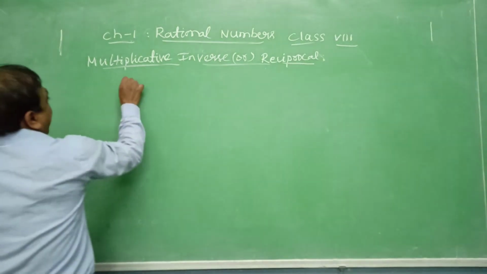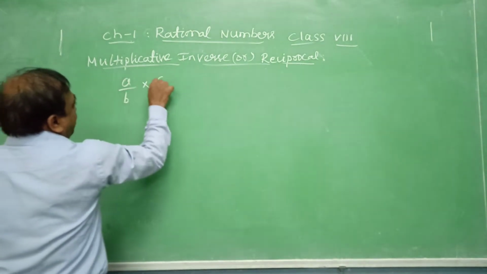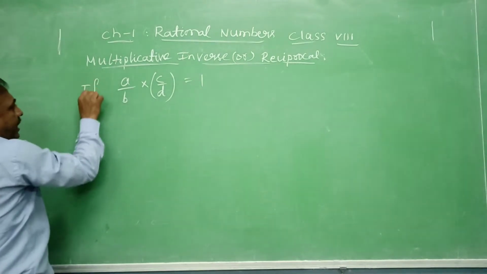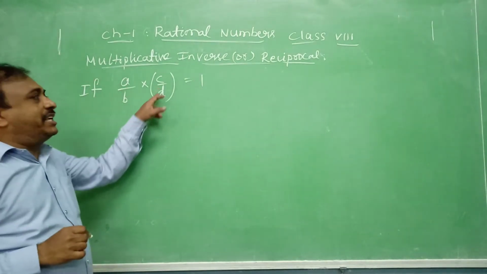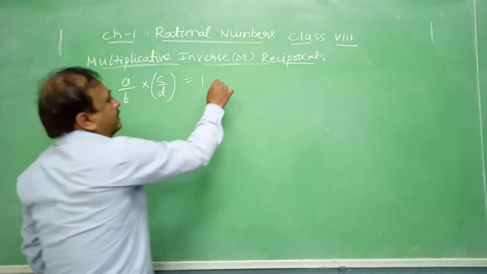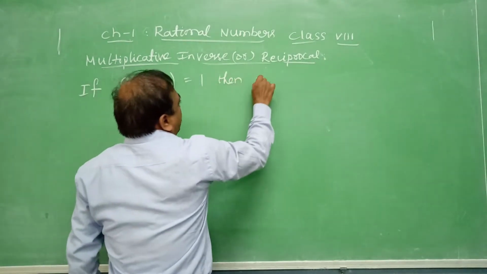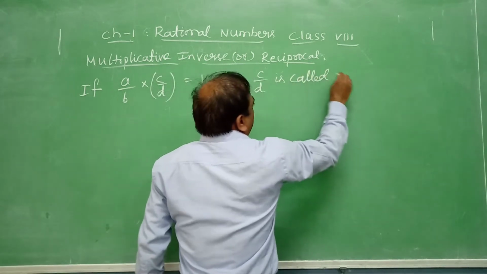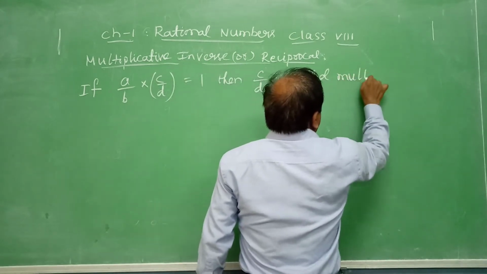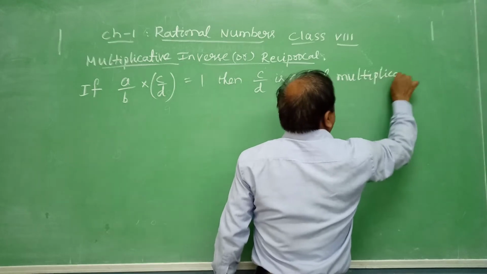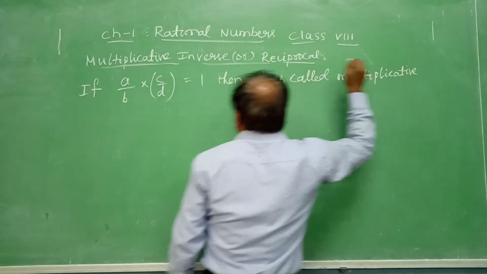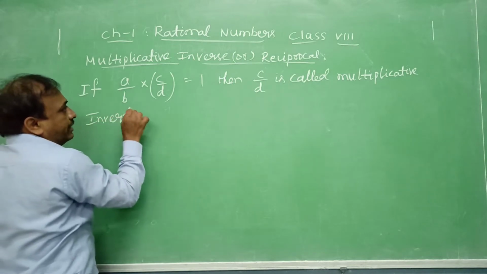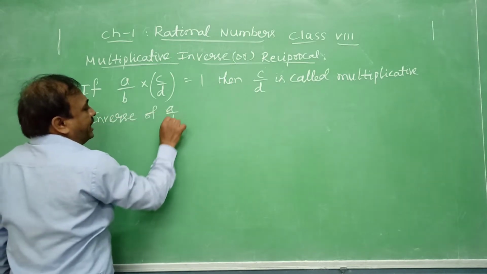Like a by b into c by d. If the product a by b into c by d is equal to 1, then c by d is called the multiplicative inverse of a by b.